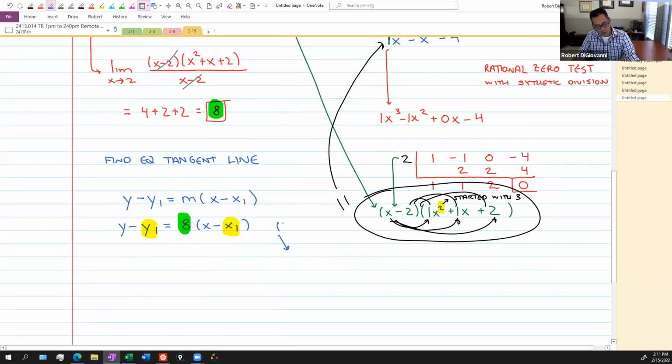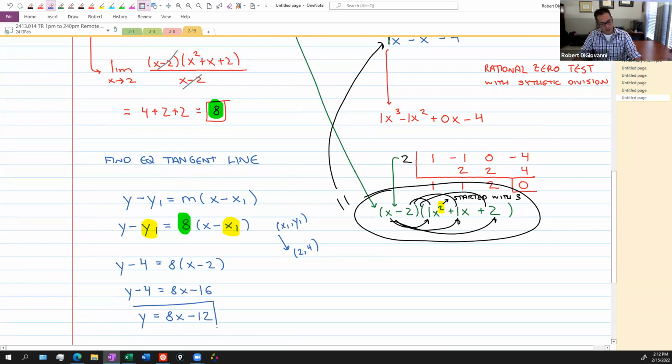The x1, y1 is the point (2, 4). I just replace the y1 with 4, replace the x1 with 2, and then distribute on the right side: 8x minus 16. I'll add 4 to both sides: 8x minus 12. That's the equation.